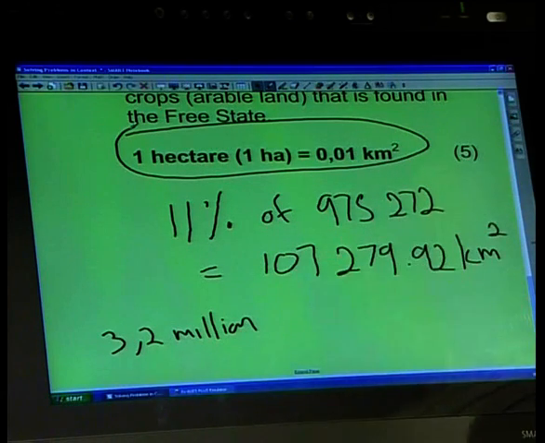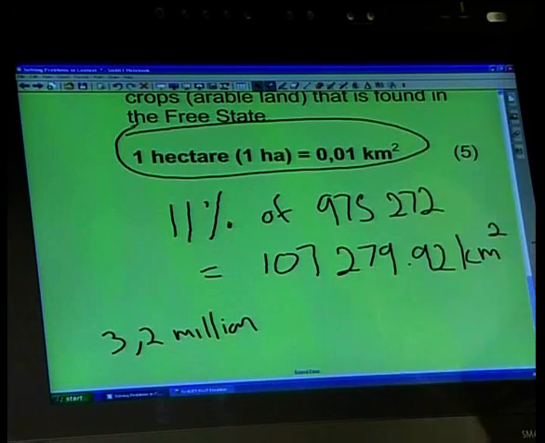So we can do one of two things here. We can either convert the hectares to kilometers squared, or we can convert the kilometers squared to hectares. It doesn't matter which one you do in the exam, as long as you convert them so that they are both the same units, because only that way can you work out the percentage for the last part of the question.